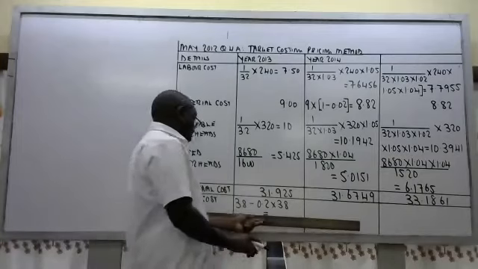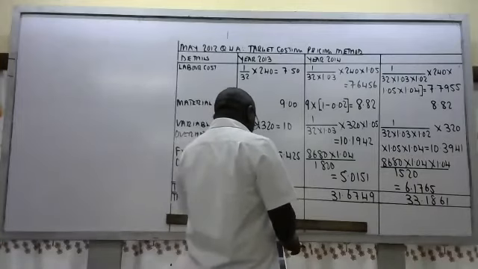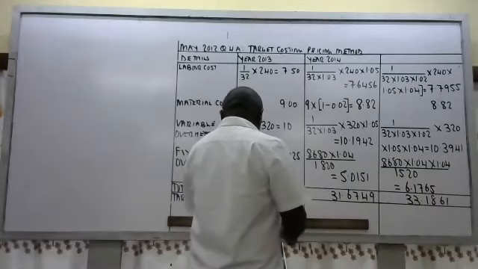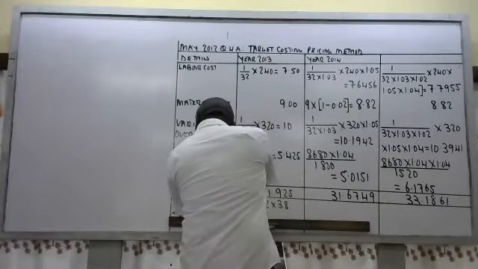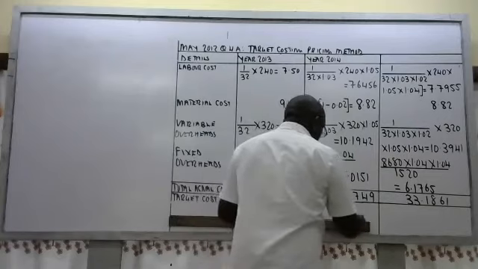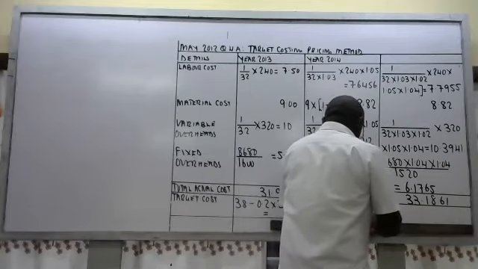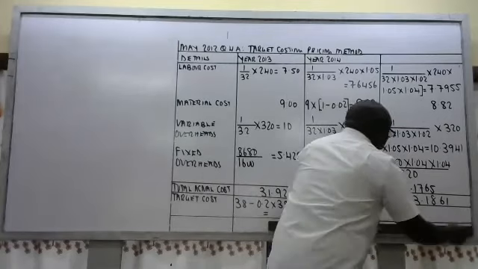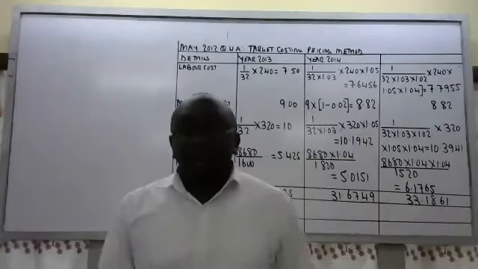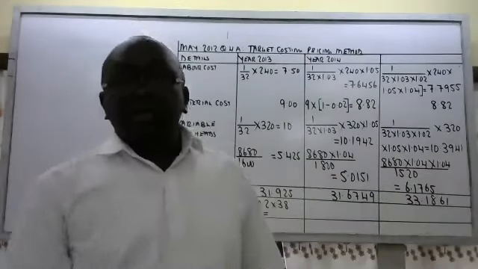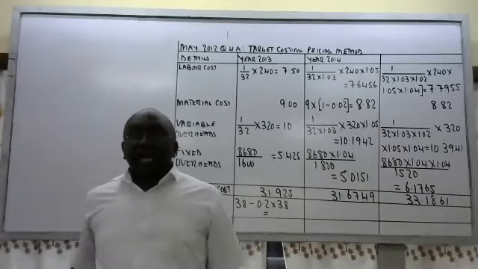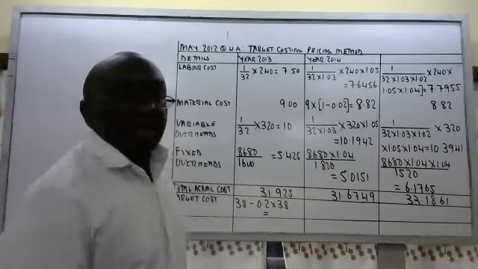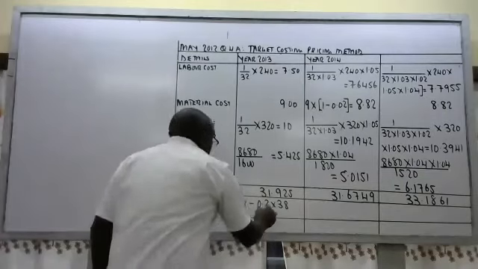Give me the figure. Okay, June says my workings are correct. Good. So what is the target cost for the first year? 30.4.